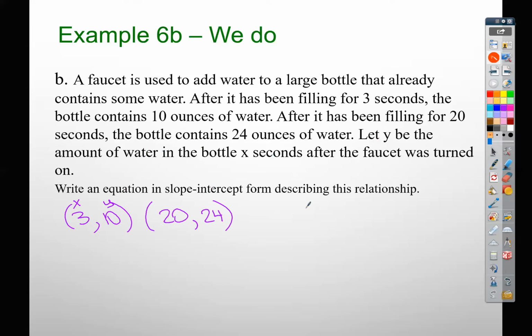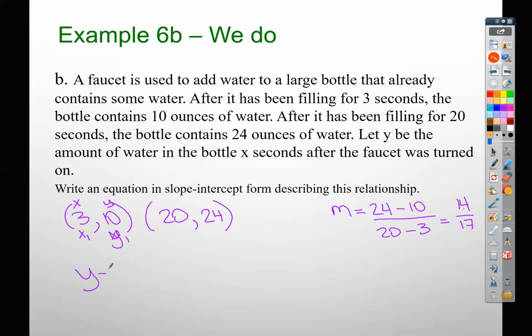All right, so first we have to get our slope. Slope equals y2 minus y1 over x2 minus x1. So 14 over 17. All right, and then you're going to choose this for x1, y1.